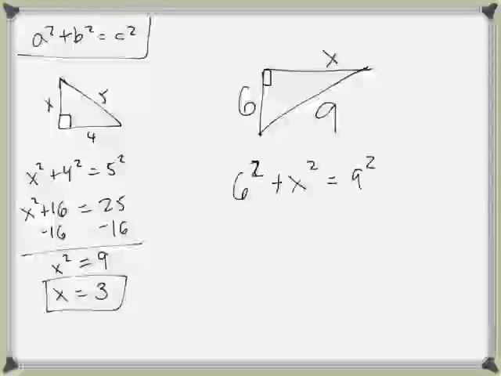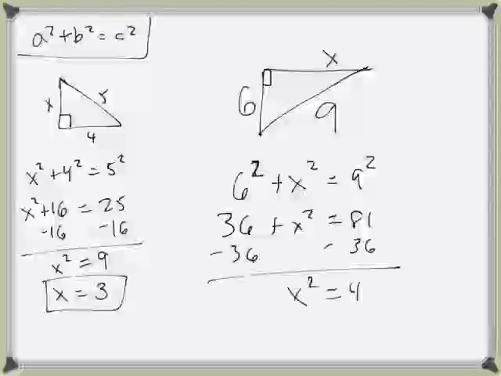The hypotenuse always needs to be alone because it should be the biggest. So that gives 36 plus x squared is 81. Subtract 36 from both sides. That gives 45. And we would want to take a square root.